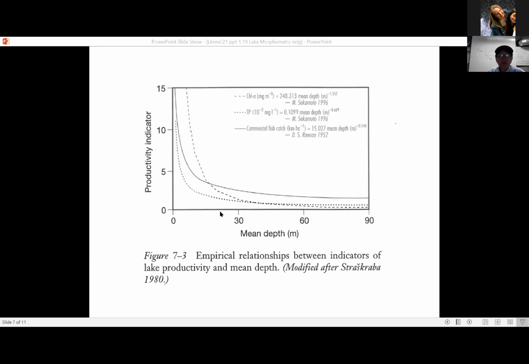Once you get beyond about 20 meters for the average depth, it doesn't really matter how deep the average depth is. So the most productive lakes have average depths less than 30 meters for sure, more like 10 or 20. And this is productivity per square meter or per hectare or per acre.